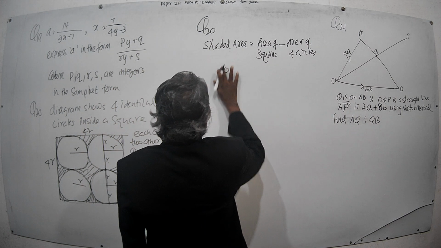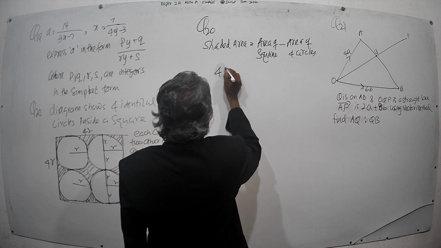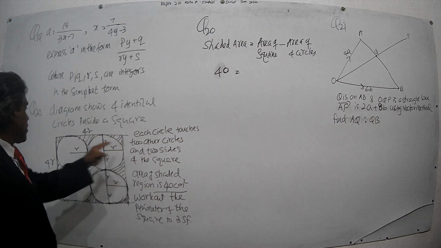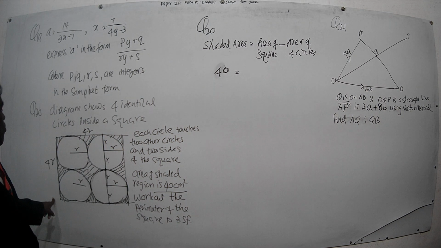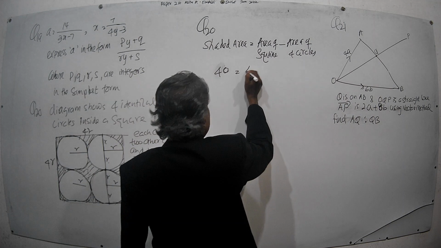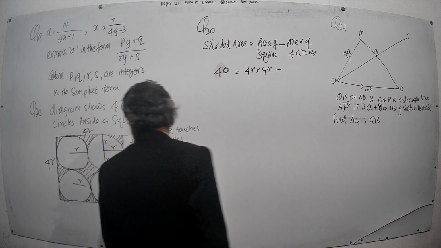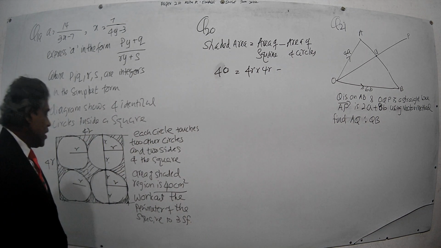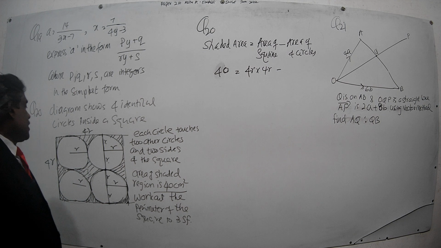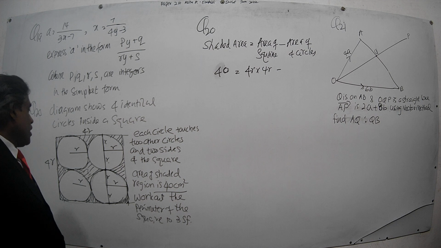40 centimeter square equals the area of the square, which is length into breadth, 4r into 4r, then minus the area of 4 circles. In every circle the radius is r, therefore the formula for finding the area of a circle is pi r squared.